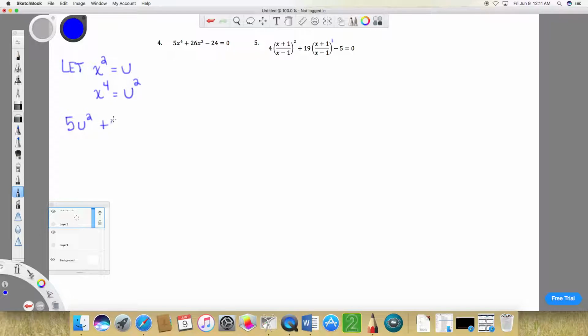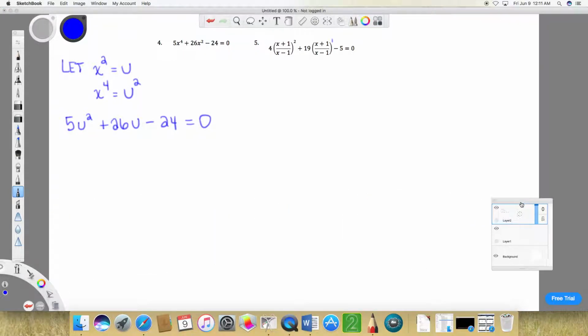And then 26, I'm going to replace x squared with u. And so now I have an equation that I can solve either by completing the square, by quadratic formula, and I think even by factoring. And that's what I'm going to try right now, to see if I can factor this.